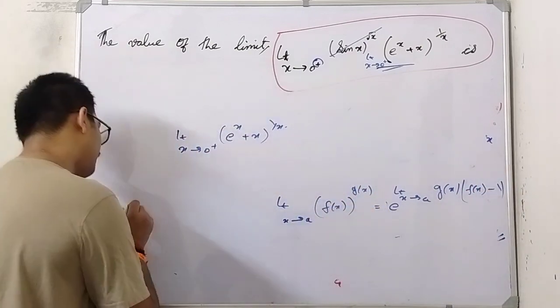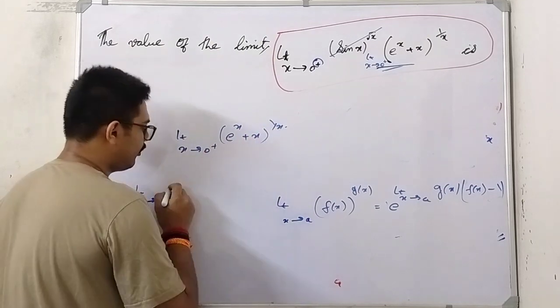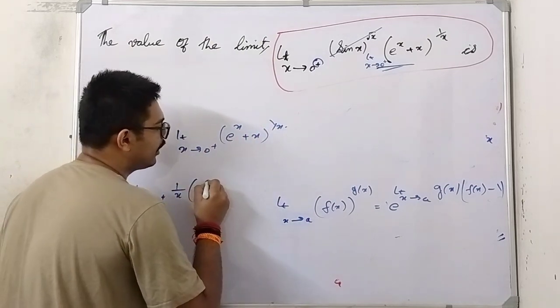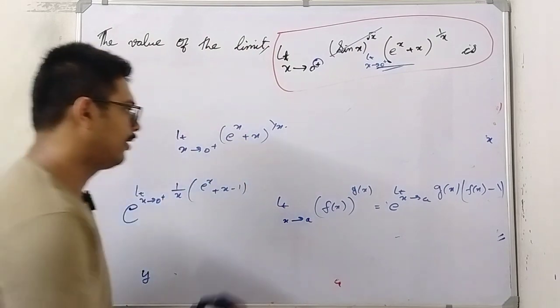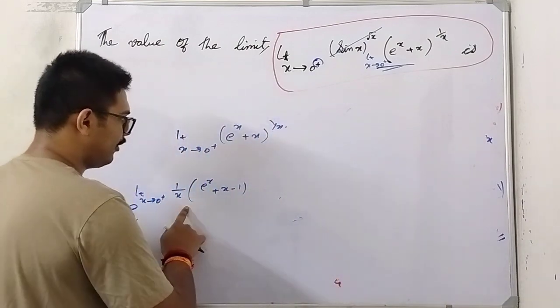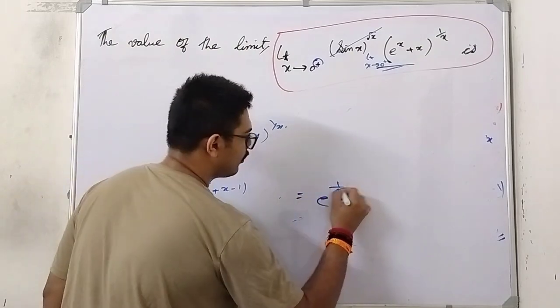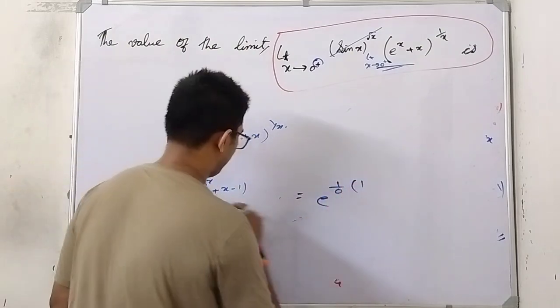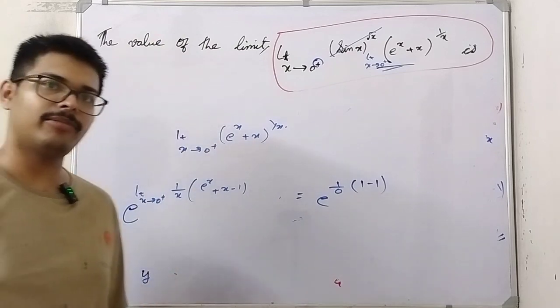Which means this value will be e raised to limit x tends to 0 plus, the power will be 1 by x into f of x, the base function, minus 1. Now if you put 0 here, what will you get? E raised to 0 is 1, x is 0 and minus 1, it will be 0 by 0. You can directly apply L'Hospital rule.